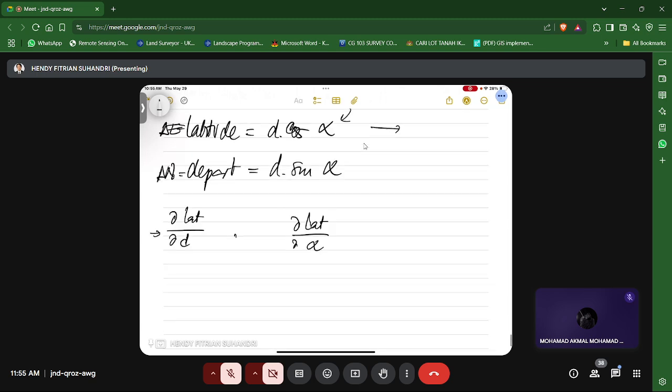Ini row pertama. Row kedua apa? Dou departure diturunkan terhadap D, sebab independent variable dia adalah D dan alpha saja. Kemudian untuk kolom kedua adalah dou departure diturunkan terhadap dou alpha.